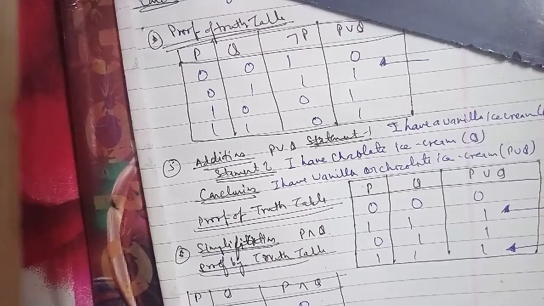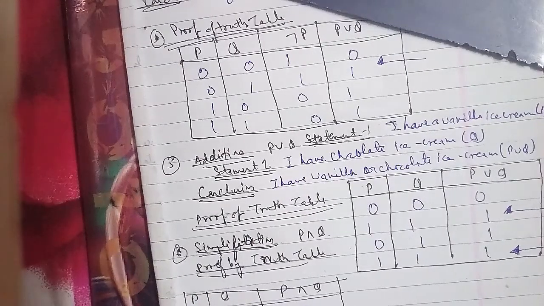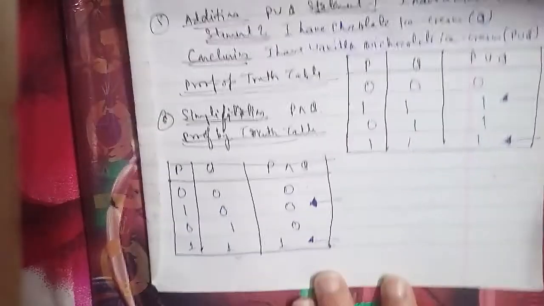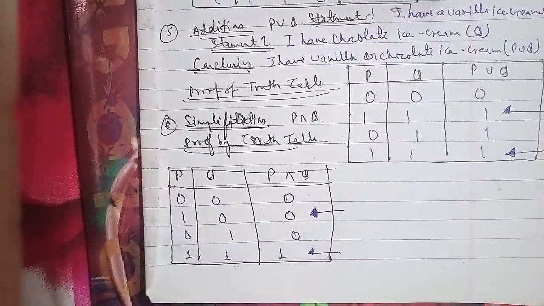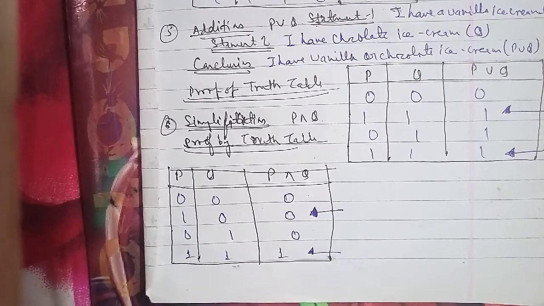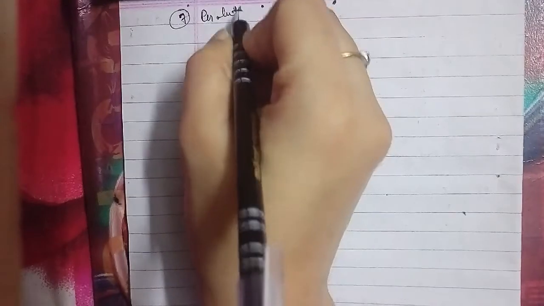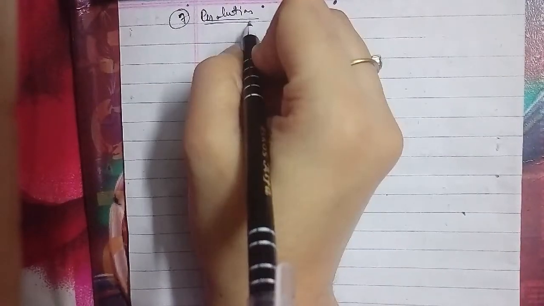Proof by truth table. So here we have P, not P, Q, R, P or Q, not P or R, and then Q or R. So let's go ahead with this.